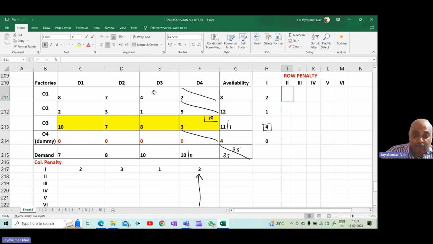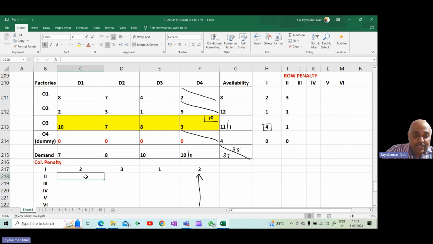Calculate what is the row penalty and the column penalty. Row penalty will be 4 is the least. The next least is 7. So 4 or 7, you find the difference between the two, you get 3. And here 1 and 2, 1 is the difference. And here it is 0. And here it is 7 and 8, 1.